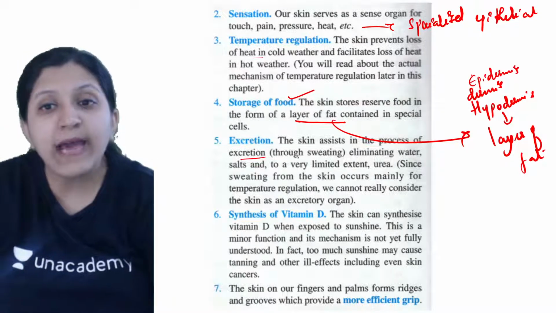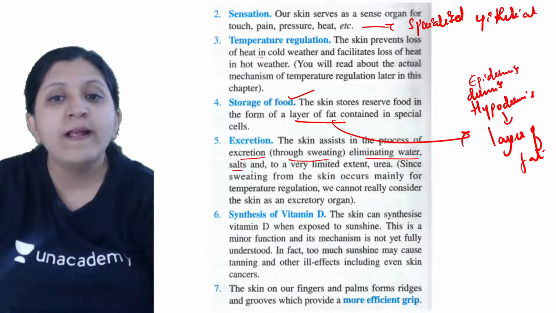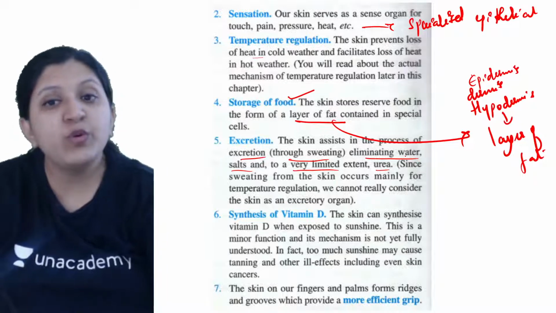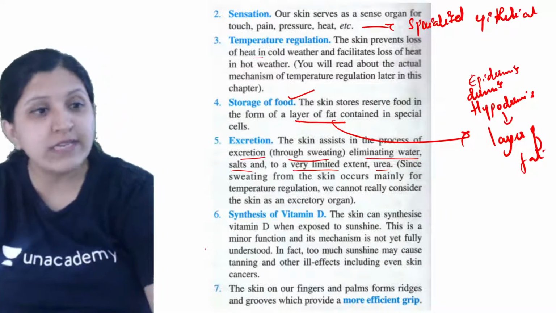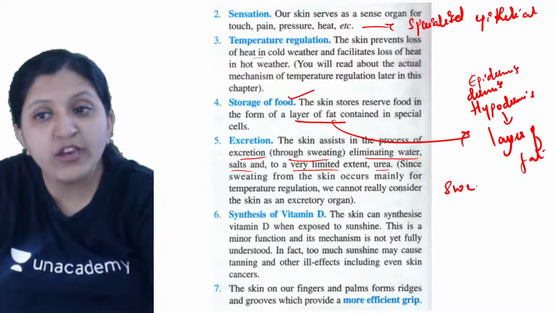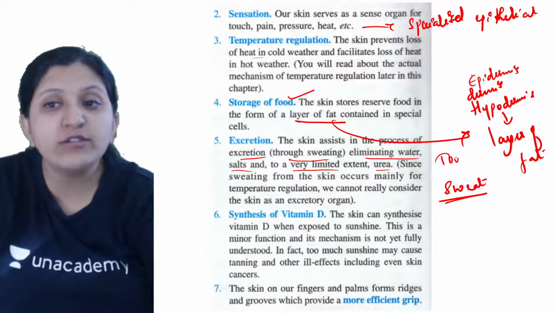So how? That is through sweating, by eliminating water, salts, and to a very limited extent urea as well. But the sweat glands are not considered an excretory organ, because sweat production will occur only if the surrounding temperature is too hot.